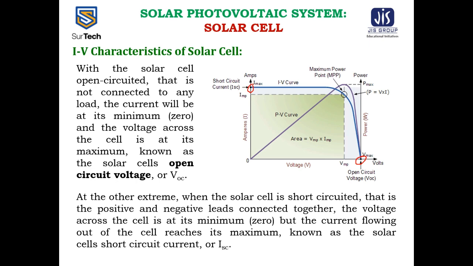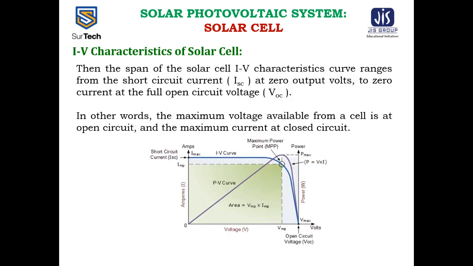So this current is called the short circuit current or ISC. So this is the VOC, the open circuit voltage, where the current is 0, voltage is maximum. This is the point where the current is maximum and the voltage is 0.